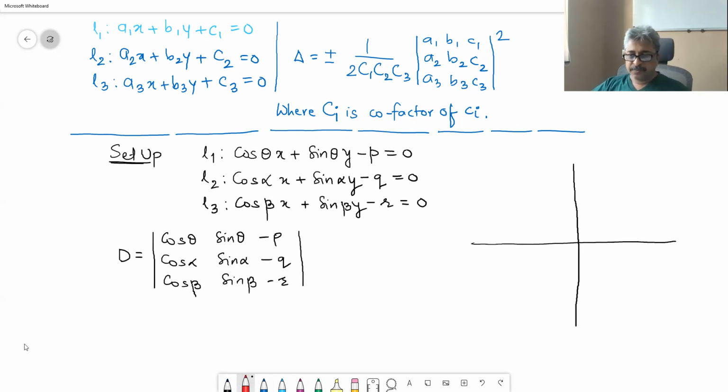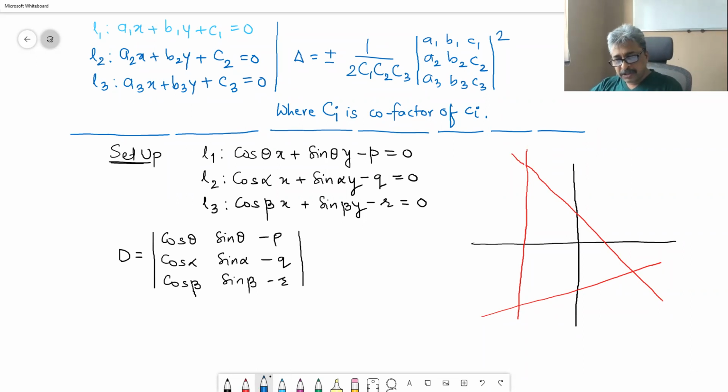and therefore let us draw three lines, one like this, another like this, third like this, say for example. Okay, then O is the origin, you are dropping perpendicular.